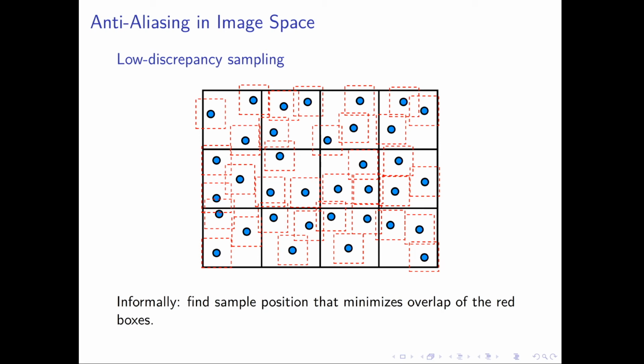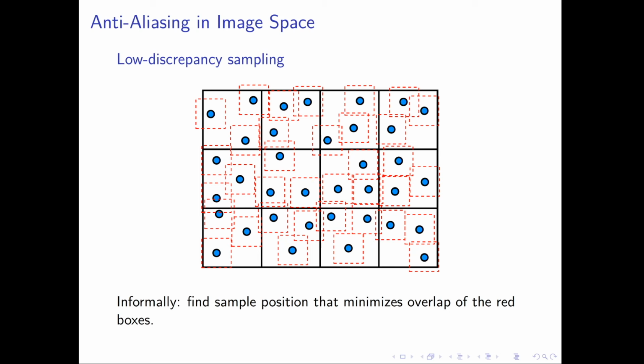Very informally speaking, when we have our sampling pattern, we can compute bounding boxes around the samples, and what we want to minimize is the overlap of those bounding boxes. You can already see there is a pattern that would minimize the overlap here, right? This would just be a uniform pattern. If we were to choose a uniform pattern, it would actually minimize the overlap of the bounding boxes.